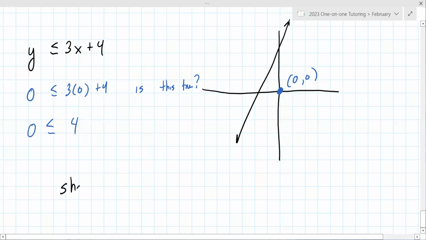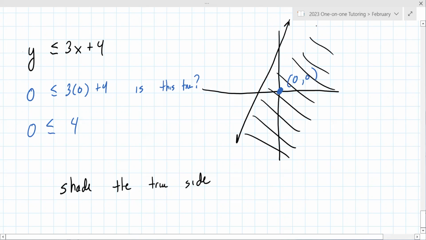You shade the true side. So since (0, 0) is true, that's the side you're going to shade.